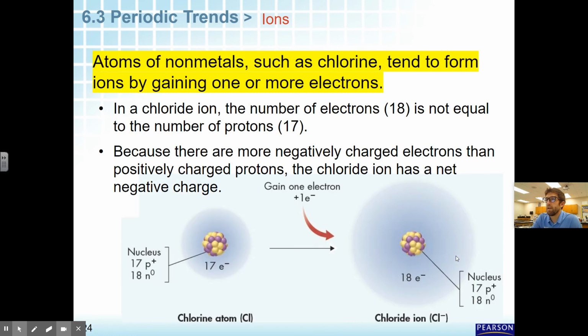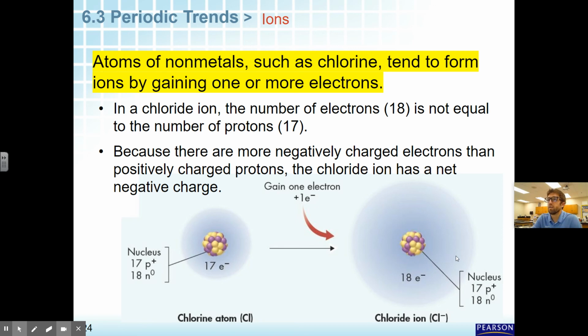Right. So, opposite the metals, though, are nonmetals. Metals are on the left, nonmetals are on the right. Nonmetals like chlorine, bromine, iodine, fluorine, oxygen, nitrogen, phosphorus, those things, tend to form ions by gaining one or more electrons. So metals lose electrons, nonmetals gain electrons.